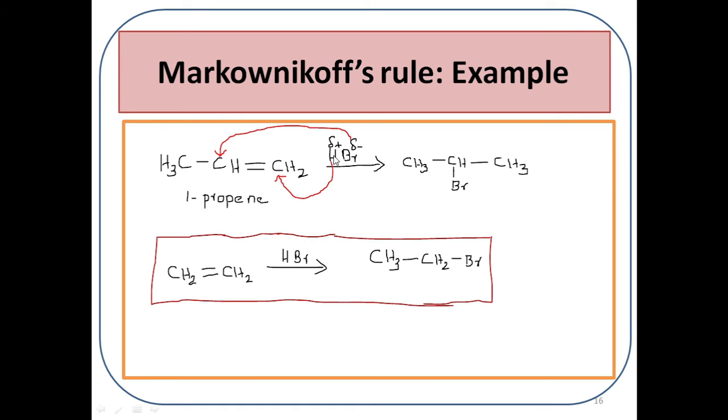And therefore the H plus, the positive part, should automatically go to the other carbon atom. And therefore, Markovnikov's rule says that when propene reacts with HBr, we get 2-bromopropane. This is actually what the reaction mechanism also says.